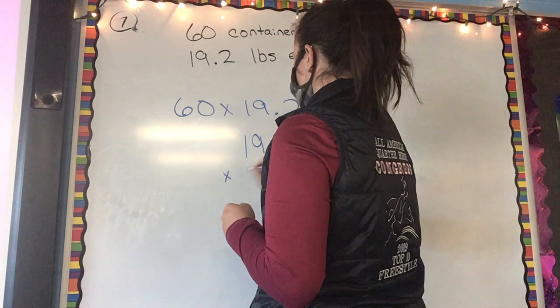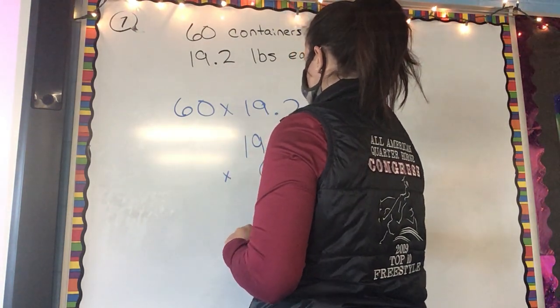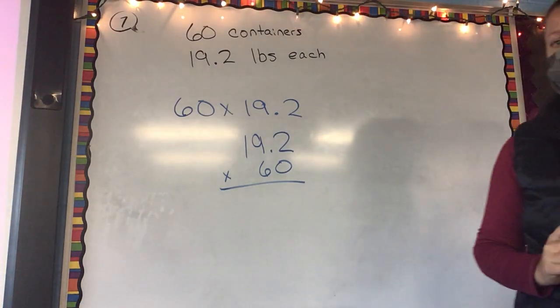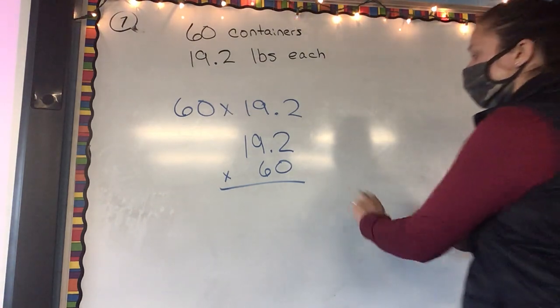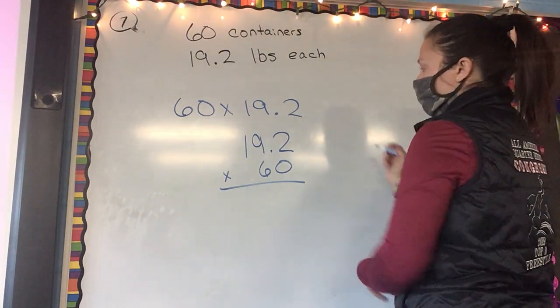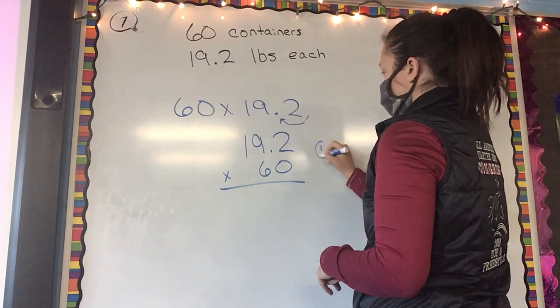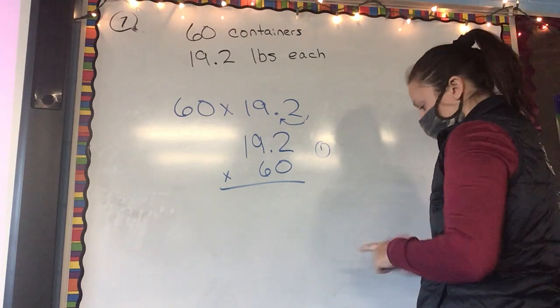Not that it's bigger, because 60 is actually bigger, but it has more digits. And then you multiply. I'm not going to go through and multiply this. You can do it in your math notebook. How many decimal places do we have in this problem? 1. So when you get done finding your product, 1 decimal place over.